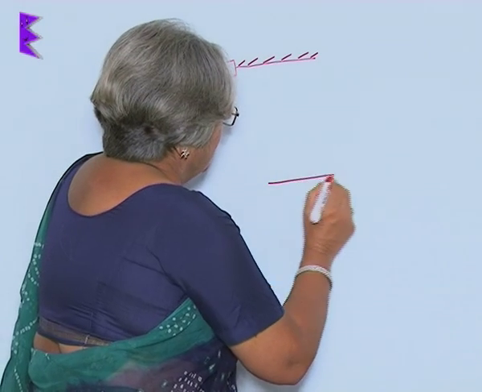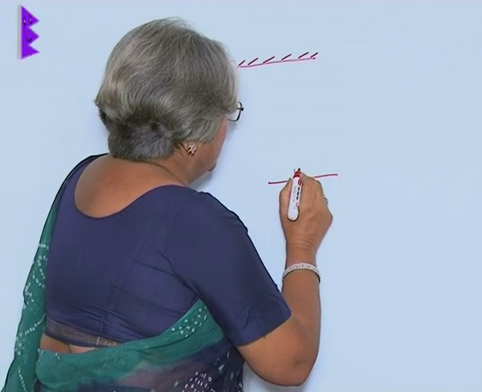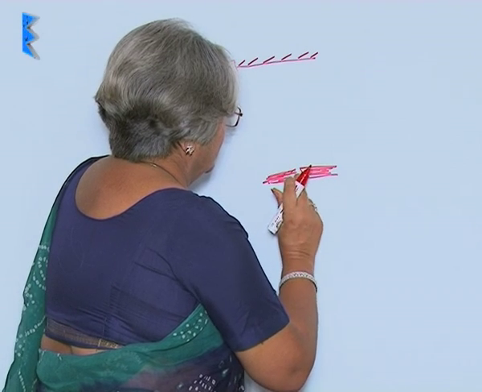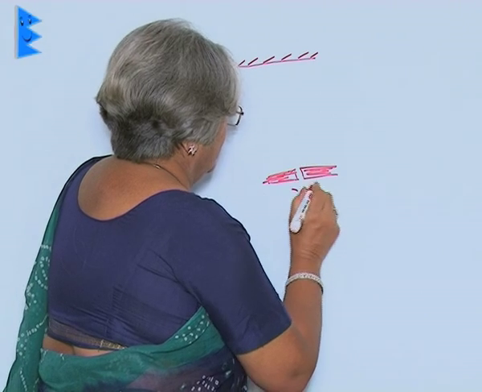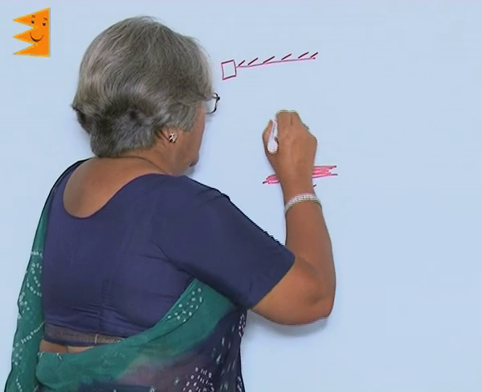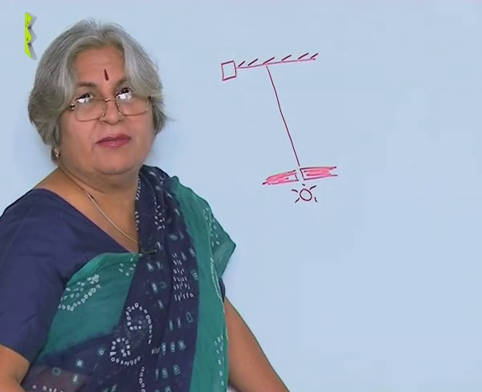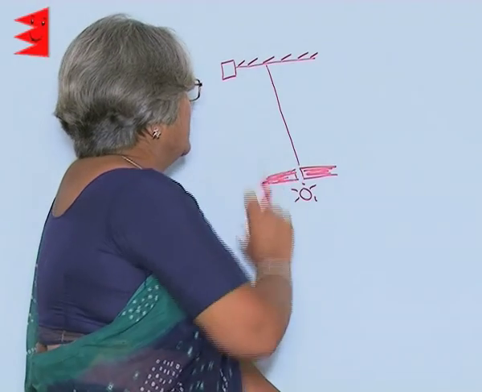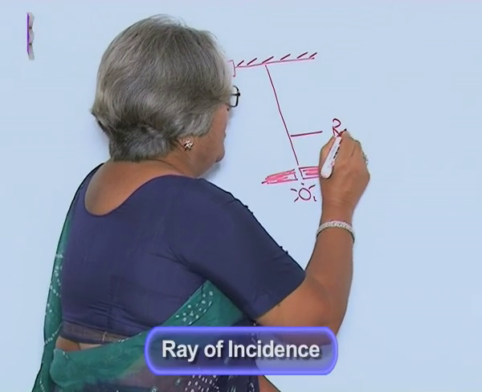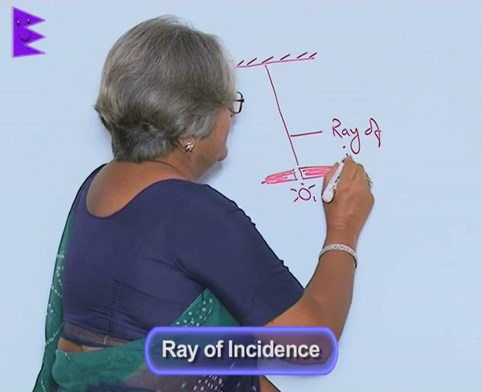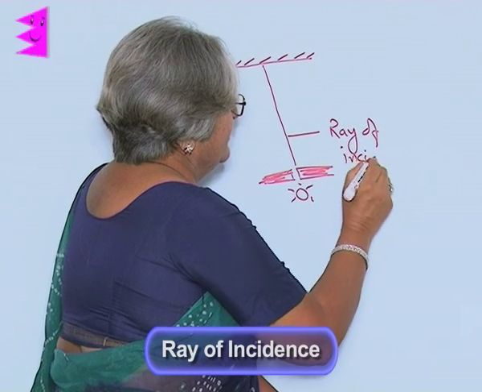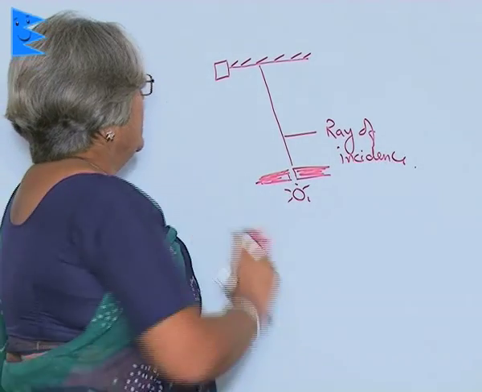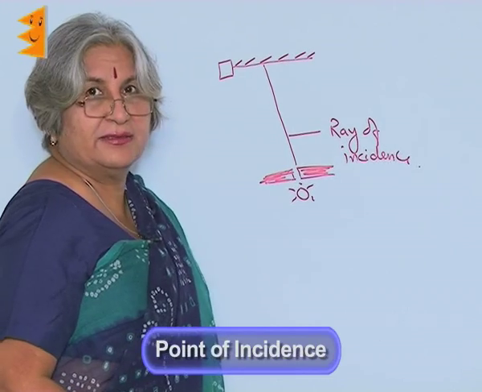Now from here, when you show the light coming, the ray falls on mirror something like this. This ray which falls on the mirror is called ray of incidence or incident ray. The point where it falls is also called point of incidence.